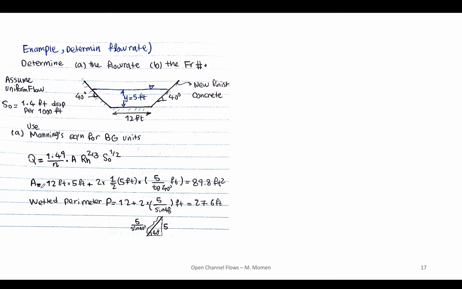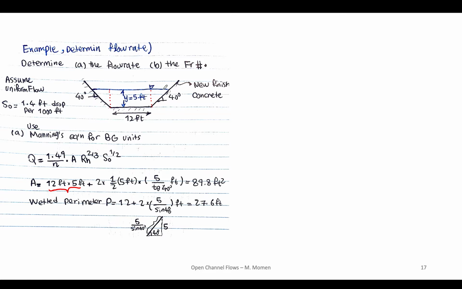So let's calculate the area. The area of this channel, what is the area? We have two parts, right? One, we have a rectangle here. The area of the rectangle is going to be 12 foot times 5 foot.